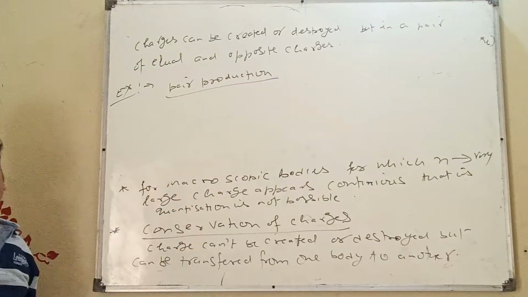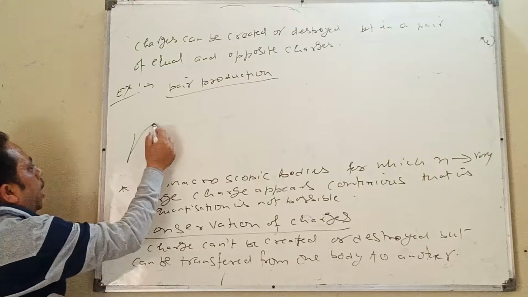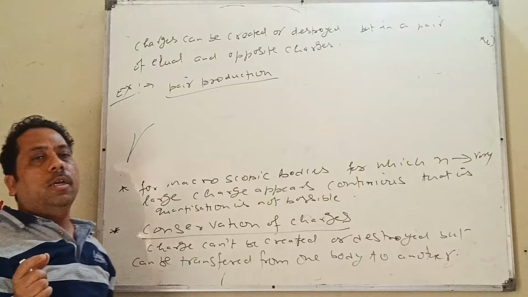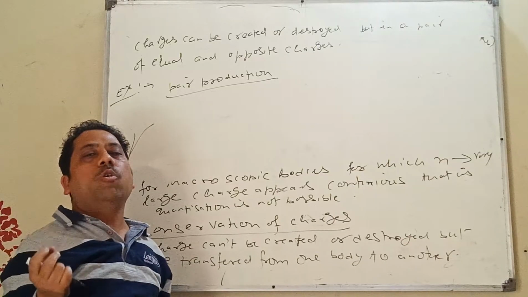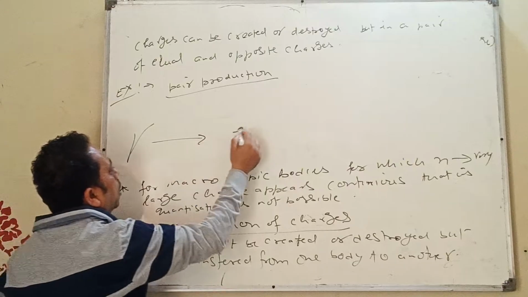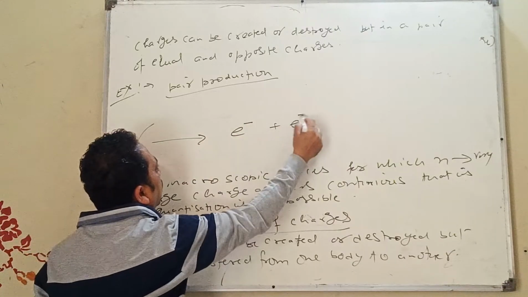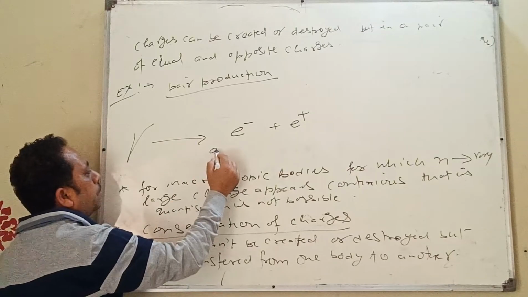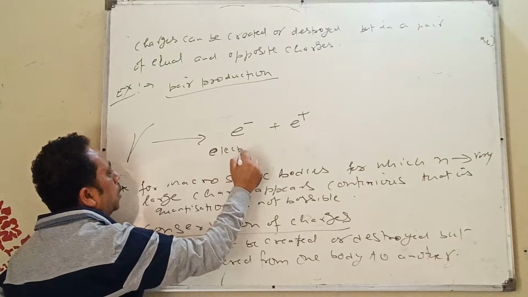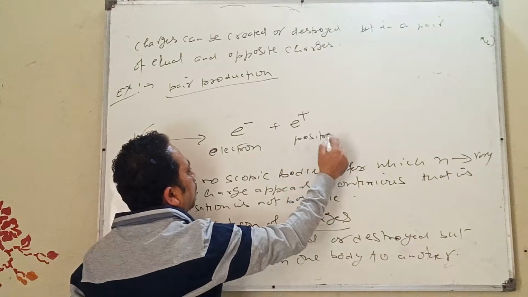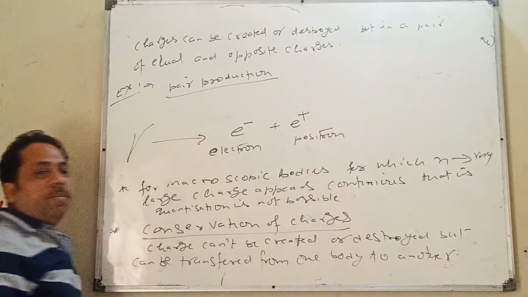Pair production means a gamma photon. What is gamma? Gamma is energy. When the energy is absorbed by certain matter, what is created inside it? An electron and its antiparticle, the positron, will be created.